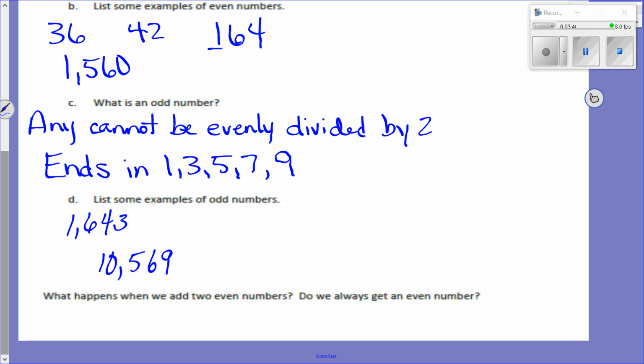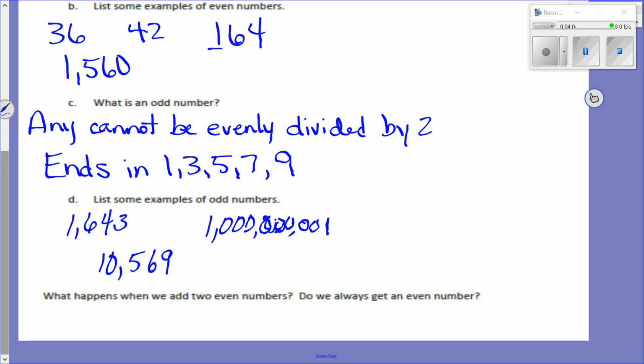Good. A billion what? A billion and one. Again, it doesn't matter how many digits there are, the number itself is still odd. Those are zeros in there. 1 billion and 1. So you guys get the idea, right?